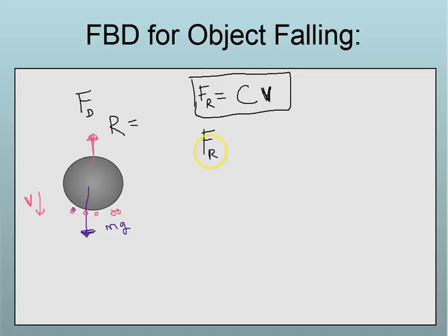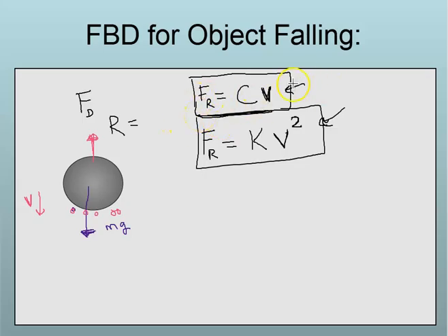Some problems will say the force of air resistance is a different constant times the velocity squared. Okay, in reality, both of these terms are there. This one dominates at low speeds with small surface area. This one dominates at high speeds. We're not going to go that deep, that complicated, but you need to look at the problem and decide this.